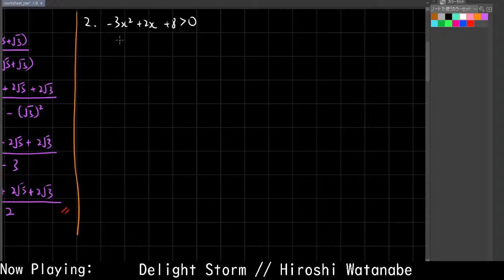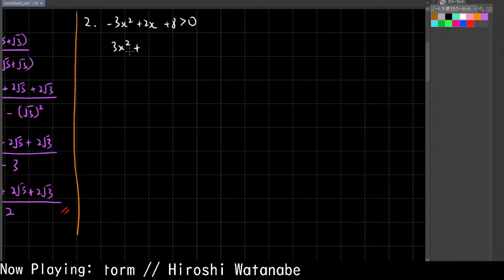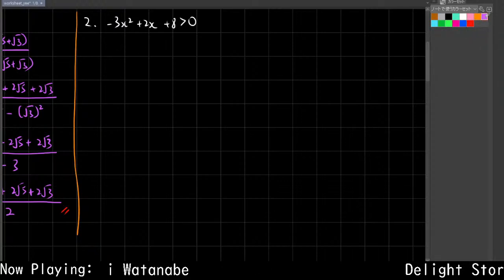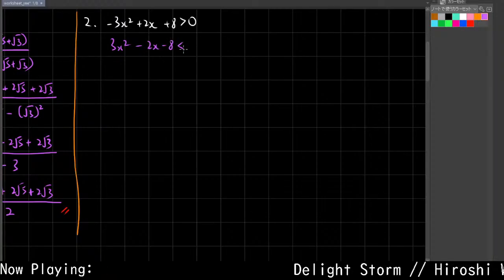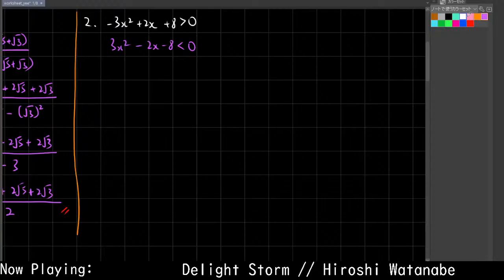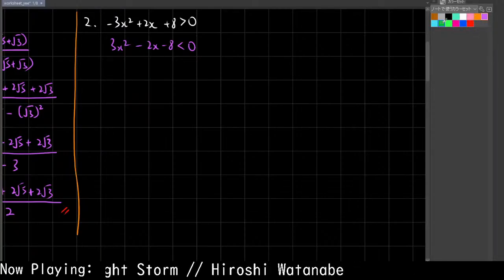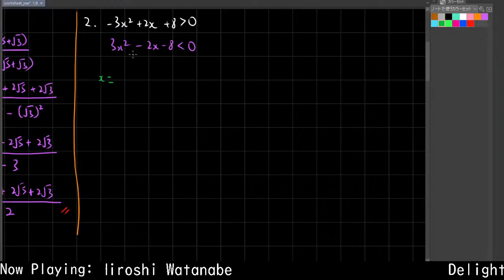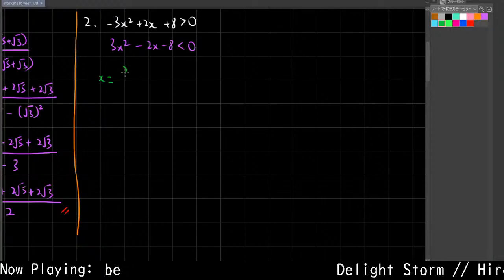So I will get 3x squared minus 2x minus 8 less than 0. Then you want to solve it. You can just use a calculator, but since mine can't solve quadratics, I will go through the old school method.